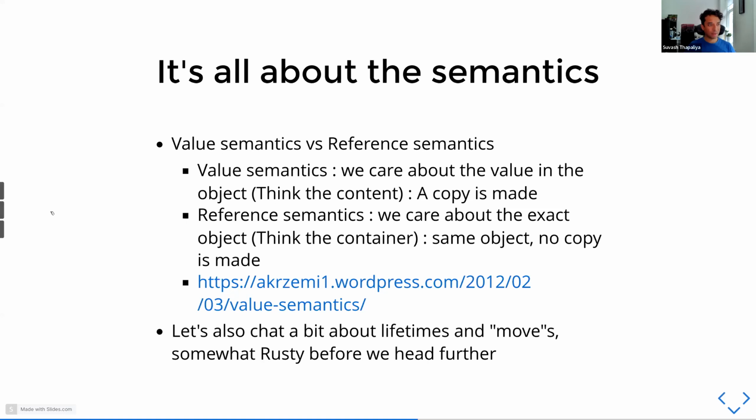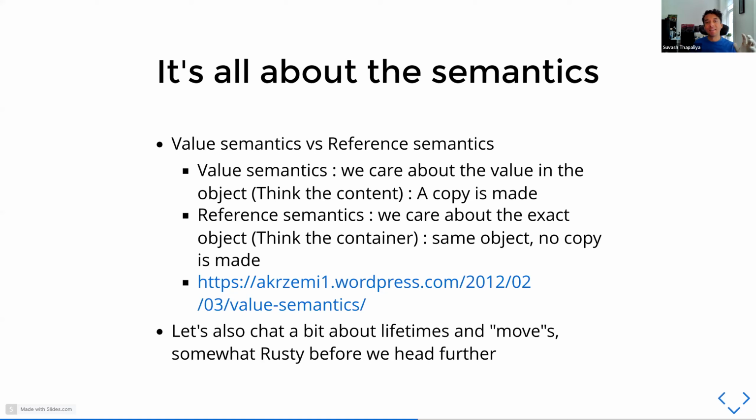So we have two ideas here, value semantics and reference semantics. The word semantics is really used when talking about programming languages. You can spend all day talking about the syntax and what it looks like and how things flow. But what really matters usually is how the runtime has implemented it and how it forces it.